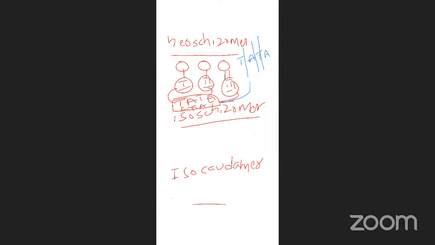Next, isoschizomer. These are different enzymes that recognize and cleave in the same location. Isoschizomers are different enzymes, but recognize the same as well as cleave the same. Same like here, the same different type of enzyme, maybe 1, maybe 2, maybe 3. Let me take the same example, TA.